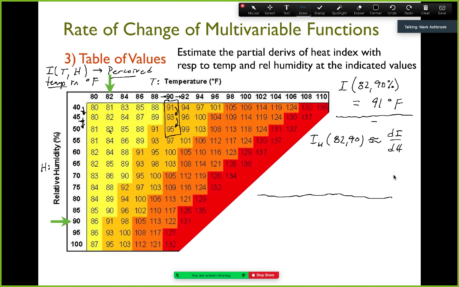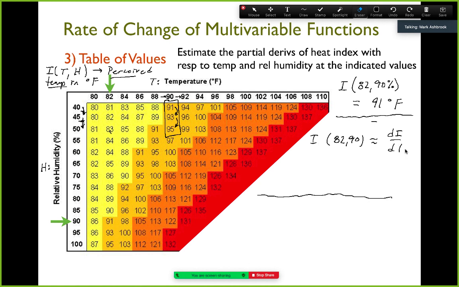Okay, so what changes in H are we looking at here? Sorry, did I do T first before? Yeah. I'll just stay with that. So if we're changing temperature, what does that mean about humidity? Humidity stays constant.